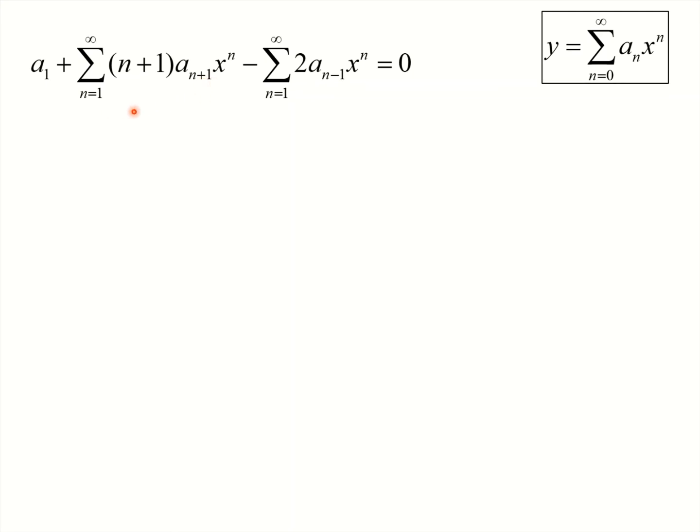So the reason I did that is so I can put both of those summations together and factor out an x to the n. And that's what I do. So I put both of those together, and this a1 has to just stand out there now. This x to the n got factored out there, and now I have an expression in there. Now, the left-hand side of this equation is a polynomial that has infinitely many terms.